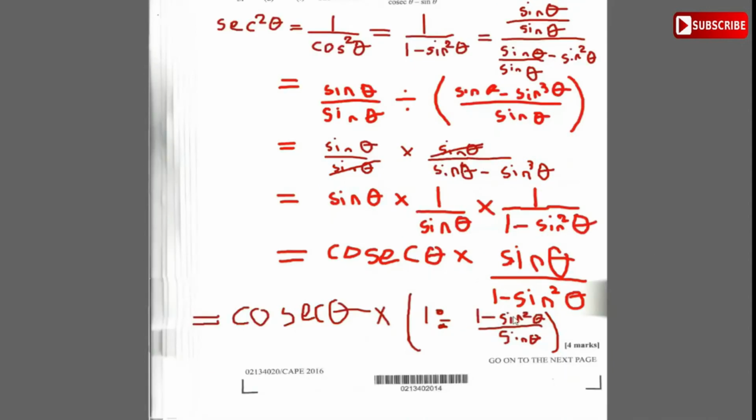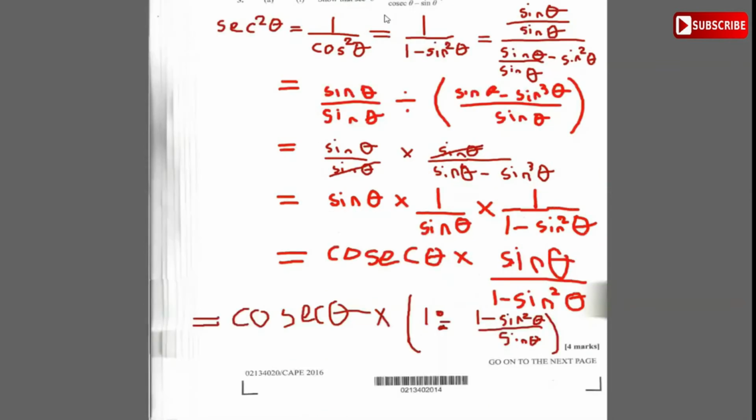But then 1 minus sine square theta over sine theta, that part is cosec minus sine. If you want me to show it, let's go further and simplify to show it. This will work out to be cosec theta multiplied by 1 divided by 1 minus sine square over sine theta.